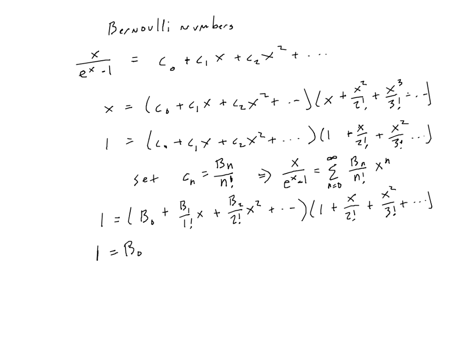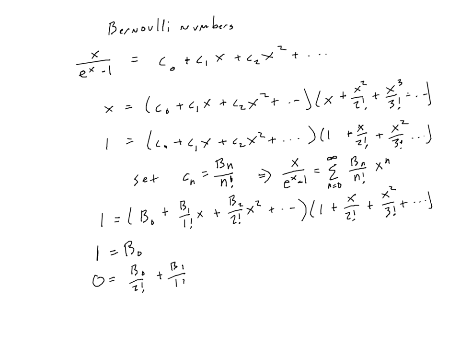Then for the next term, you're going to have 0 for the x term, and that's going to be the same as here. You have b0 times x over 2 factorial, so it's b0 over 2 factorial, and then you have b1 times that term, so plus b1 over 1 factorial.